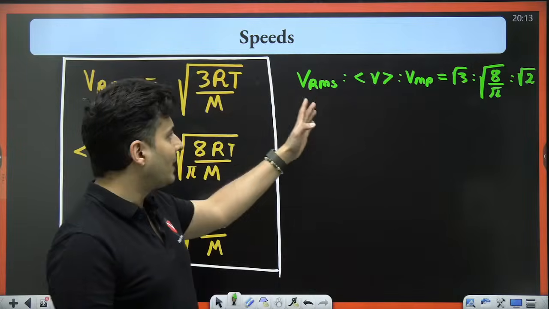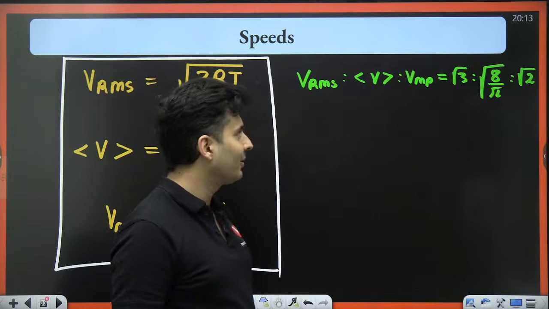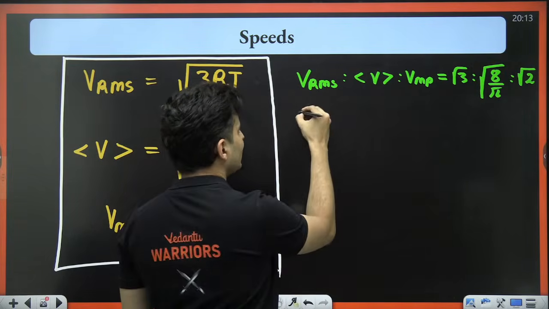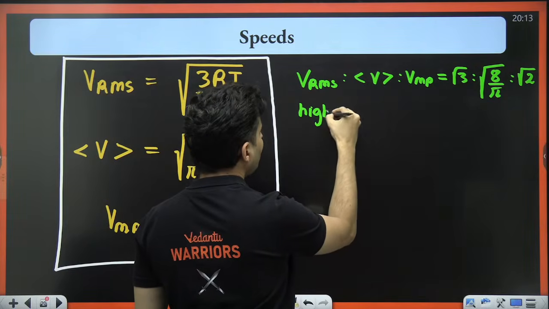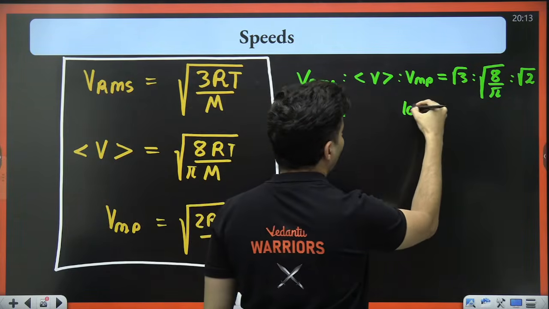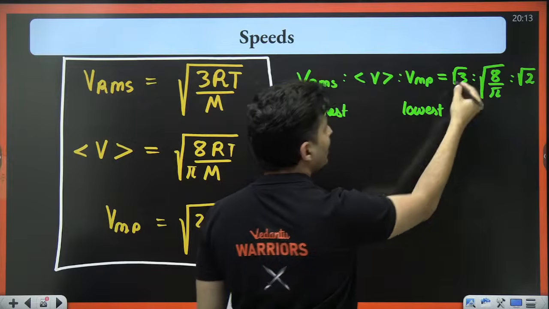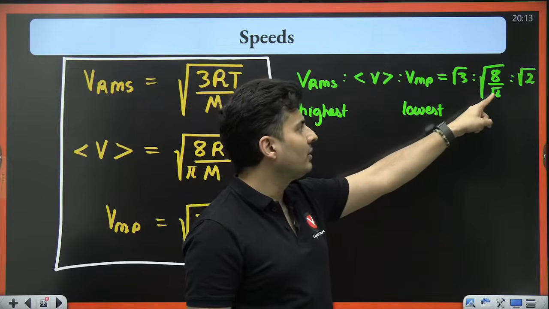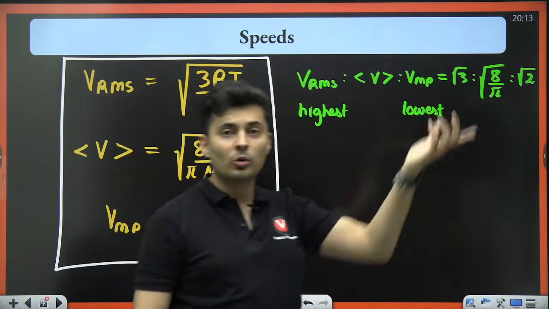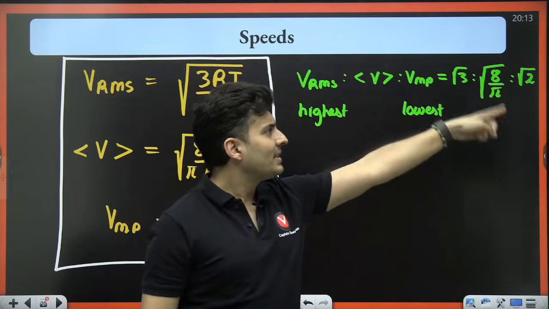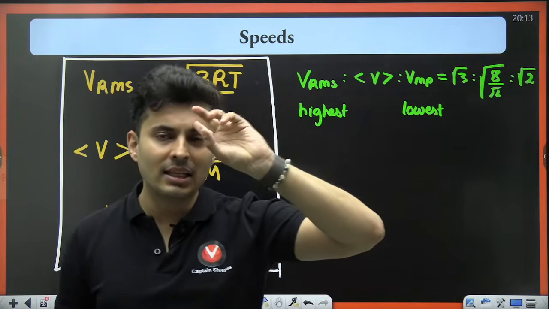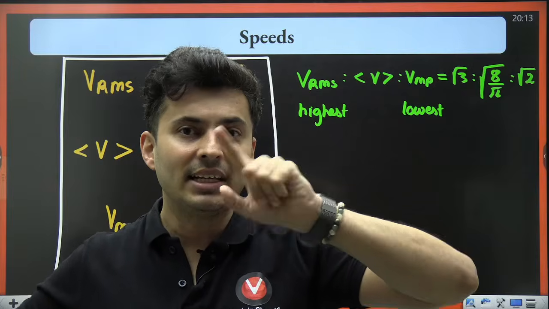and this is actually in the descending order. Believe me, this is the highest, this is actually the lowest, because root 3 will be more than root of 8 by pi, will be more than root of 2. Why? What is 8 by pi? 8 by 3.14. Come on, 3 3s are 9.